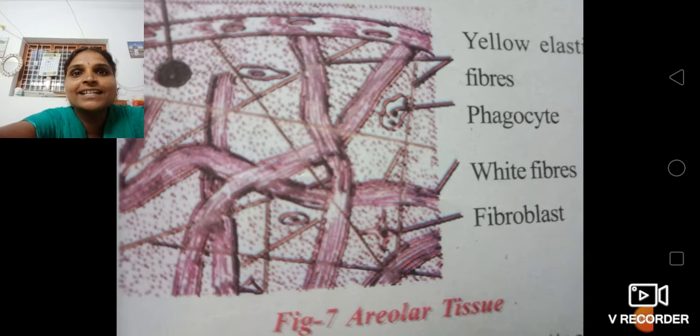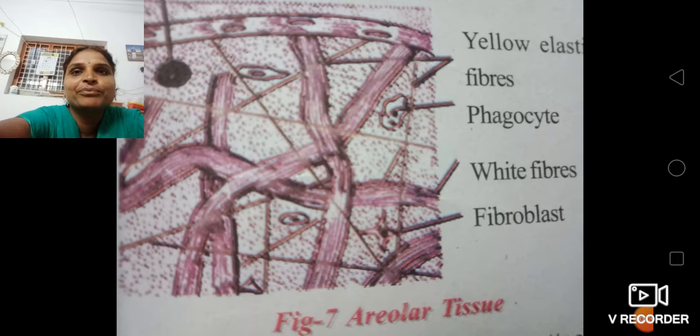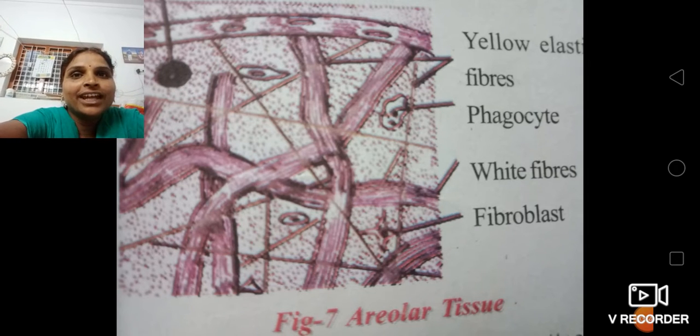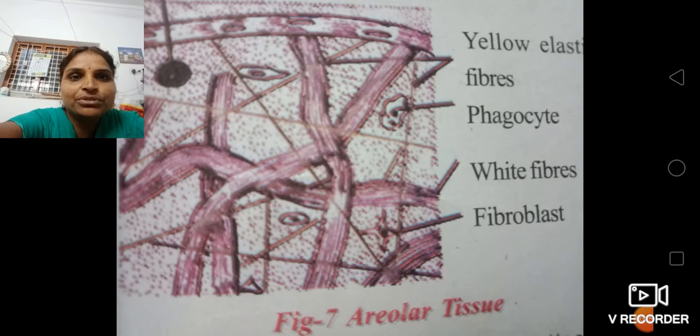These cells secrete fibrous material which holds the other tissues in position. These cells also help in repair of the tissue when it is injured.